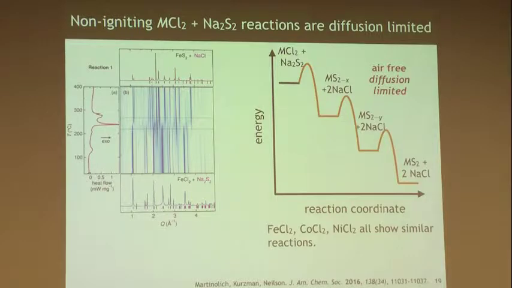And so when we do this, particularly with the non-igniting metal chloride sodium sulfide reactions, we've looked at things like iron, cobalt, and nickel. They all look virtually the same, but I'm just going to focus on iron today. We see something that looks like a diffusion-limited reaction. So we're effectively going to go from reactants and hit a lot of phases on the phase diagram as we get to where it should stoichiometrically.